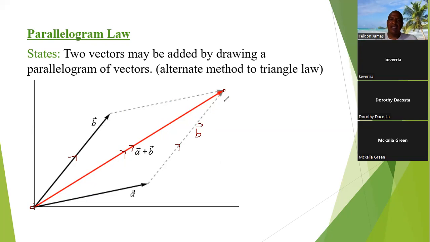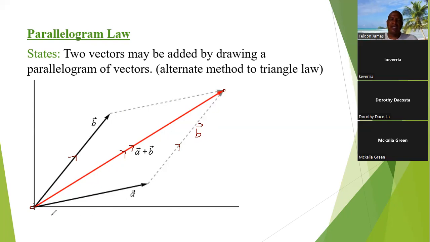Because two vectors are equal if they have the same magnitude and the same direction. These have the same exact length, and they are going in the same exact direction. So this side would be the same as from O to B.